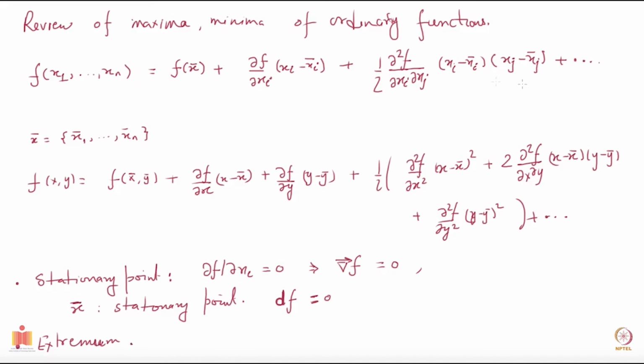Otherwise, it may happen that these derivatives are all 0, and then there is no maximum or minimum, and it's a saddle point or point of inflection. Okay, that's good. That's fine.